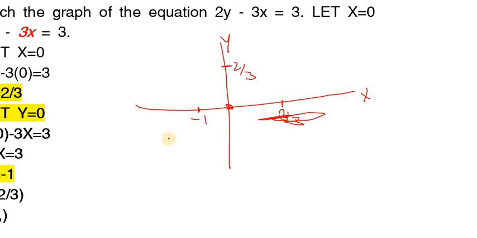So our straight line graph will be in this way.